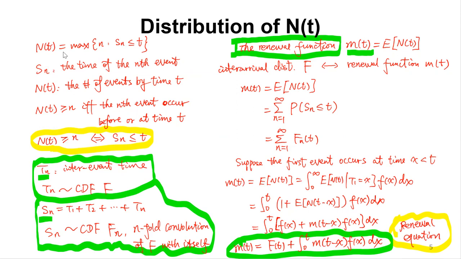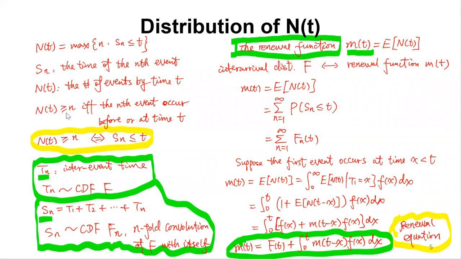So Nt equals the max n such that Sn is less than t, by time t, the nth event has to have happened already, and the maximum one will become Nt. But because Sn is a random variable, Nt is also a random variable.